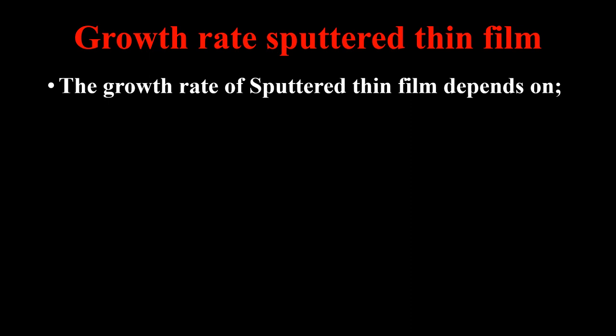Dear students, now coming toward the growth rate of the sputter deposited thin film, what do you think? What are the key parameters on which the growth rate of the deposited film depends?